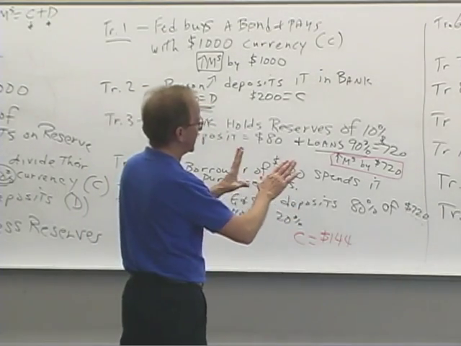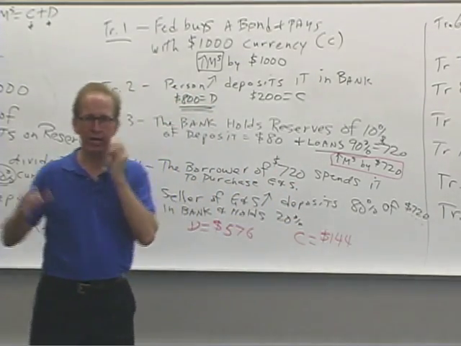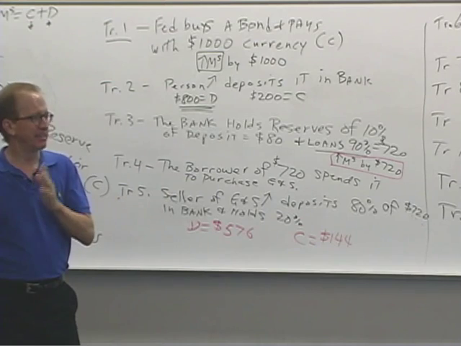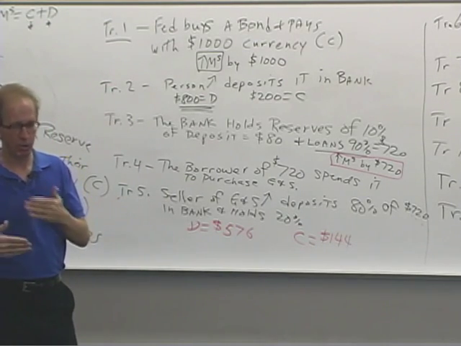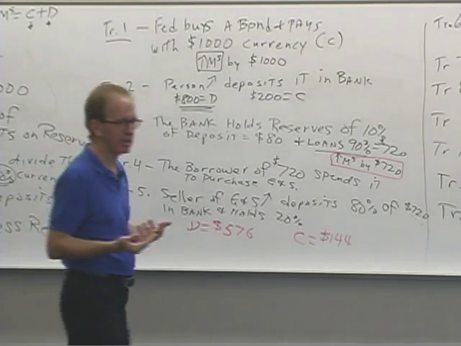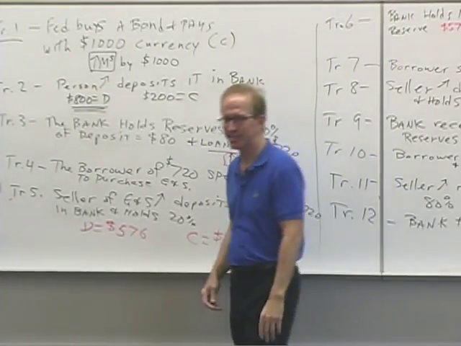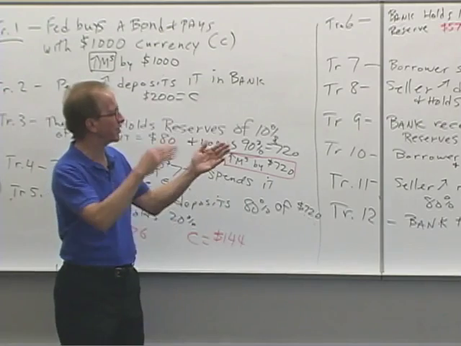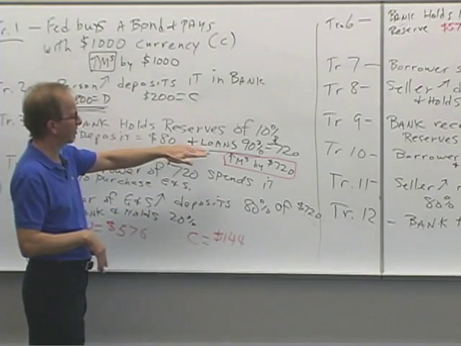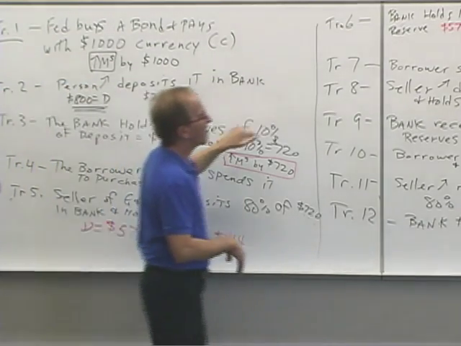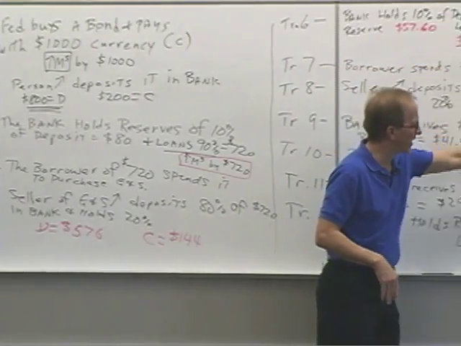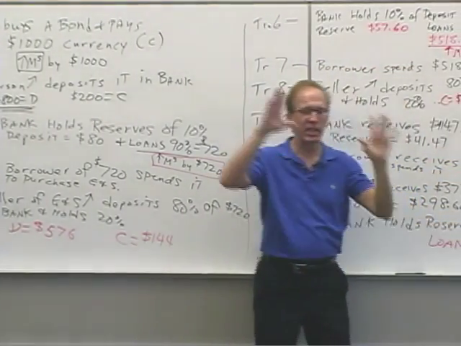Now, that's enough of that. We can go on. By the way, in real life, you get to a point where bankers say, you know, it's not worth doing the paperwork to make a loan of $11 or whatever. And that's what's happening: each one of these loans gets smaller. Here it was 720, 518, 414, 373, 290, 268.